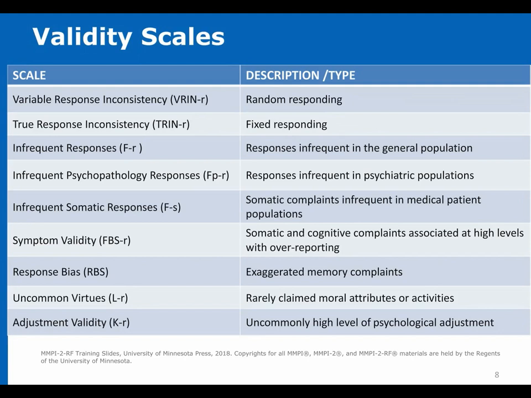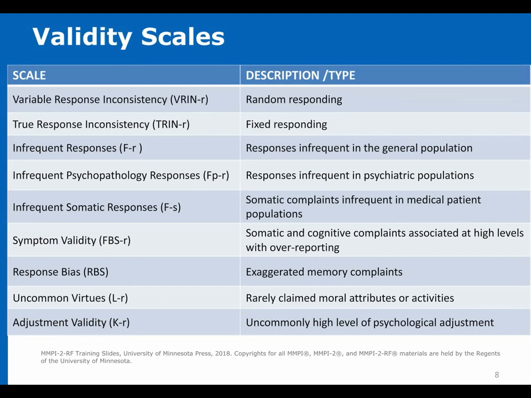The final two scales on this slide, uncommon virtues and adjustment validity, are intended to assess the third threat to protocol validity, which is underreporting. In other words, the minimization or outright denial of psychological problems when in fact psychological problems are present. The uncommon virtues scale is comprised of a variety of different items that are uncommon virtues. In other words, rarely claimed moral attributes or activities.